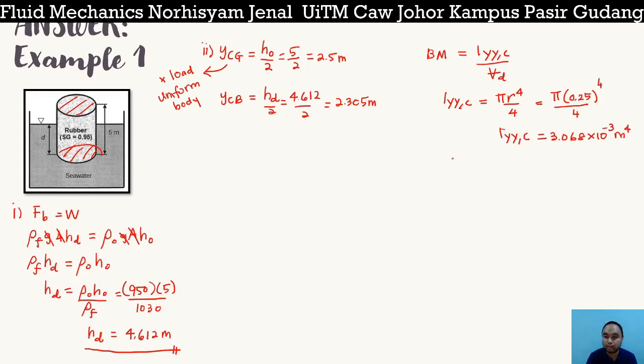Okay, your volume of displacement should be equal to the area times HD, and the area is pi d square over 4, or if you want to use pi r square is good also. HD is just HD, the height of displacement. So this is pi 0.5 square over 4 multiplied by HD, which is 4.612.